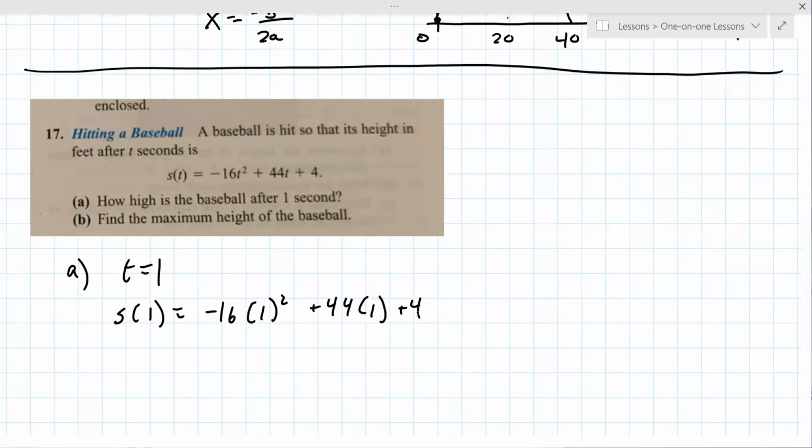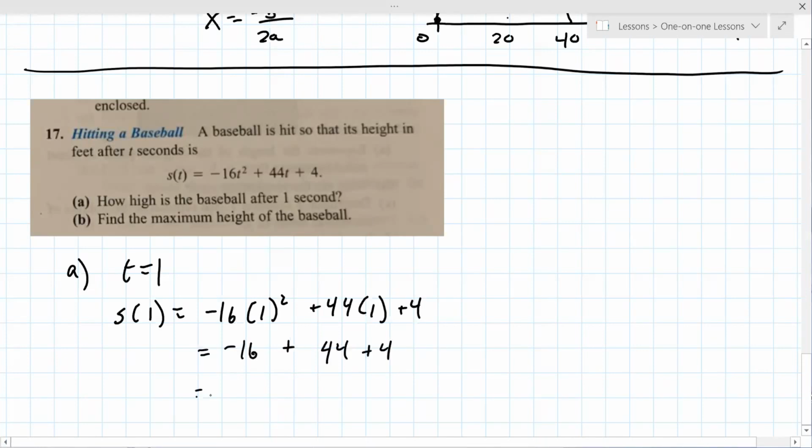So we got negative 16 plus 44 plus 4, so 48 minus 16, which ends up being 32. And here, they're pretty picky about units, so it'd be 32 feet. Although they actually don't tell you the height units. They should have said height in, oh, there it is, in feet.